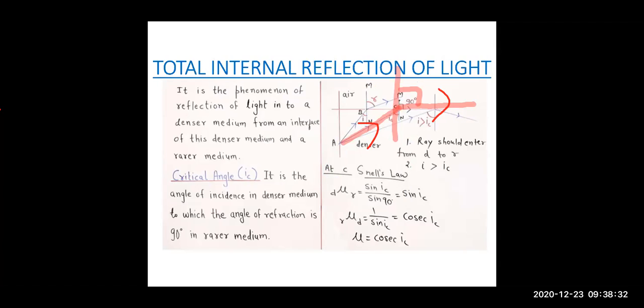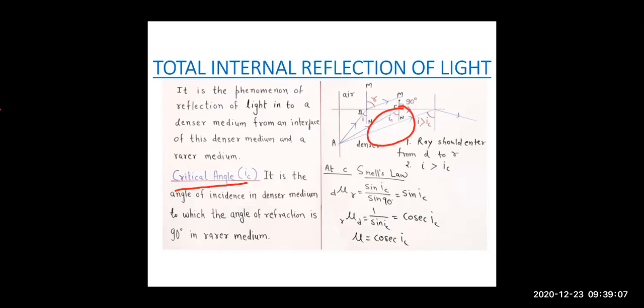Once again, as the light enters from denser medium to rarer medium, refraction will take place and the refracted ray will bend away from the normal. As we go on increasing the angle of incidence, the refracted ray will go on moving away from the normal. At a particular angle of incidence, the angle of refraction is 90 degrees, and that angle of incidence is known as the critical angle.